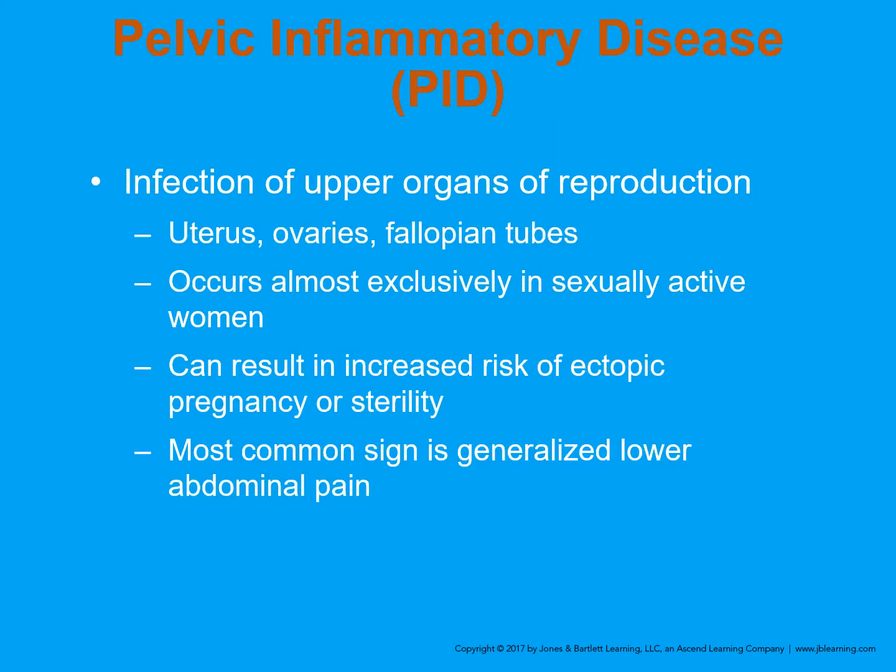Pelvic inflammatory disease is an infection of the upper organs of the reproductive system in women. It occurs almost exclusively in sexually active women, and if infection expands to fallopian tubes, it will cause scarring. Now, this scarring will result in decreased ability for the egg to move down the fallopian tube and may cause ectopic pregnancy.